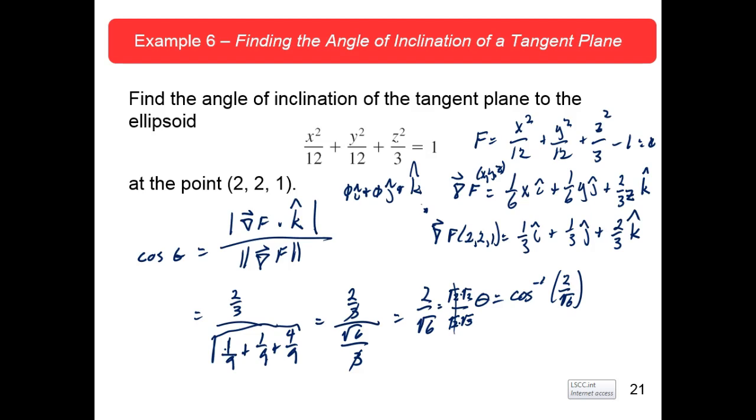Now, the book gives the answer in degrees, so let's stick with degrees. In other words, be sure you're in degree mode.